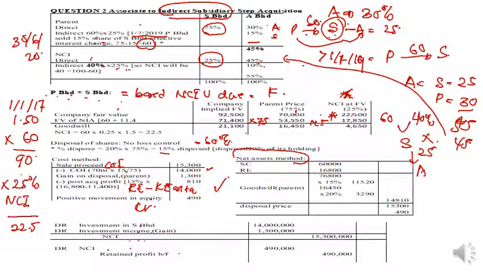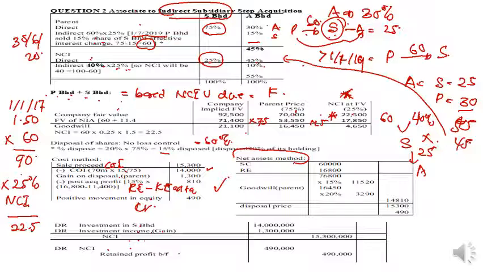So directly in A, S has 25%, P has 30%, so altogether 55%, so another 45% is to NCI, so you're going to have 45% to NCI.